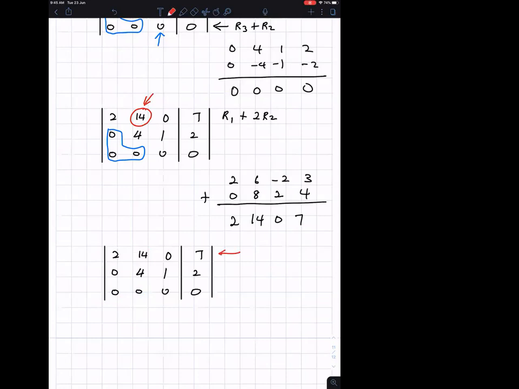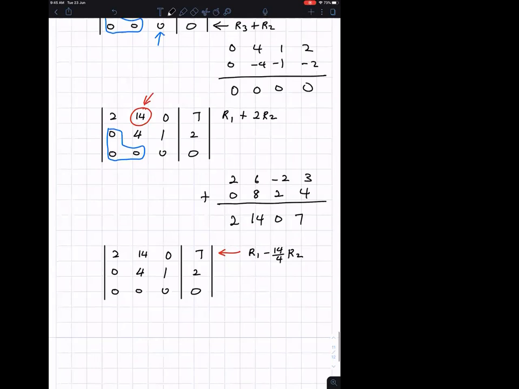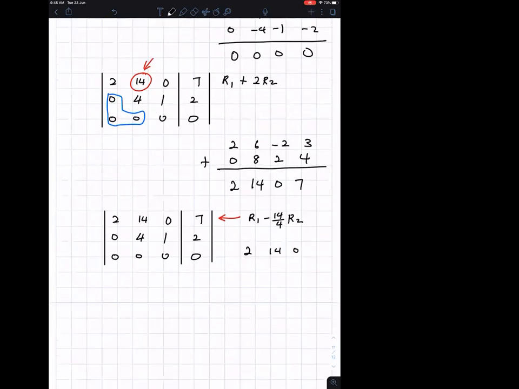We can make this go to 0 if you take row 1 minus 14 over 4 times row 2. Row 1 is 2, 14, 0, 7.